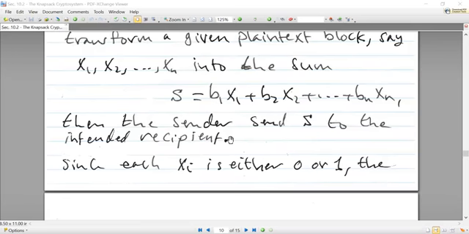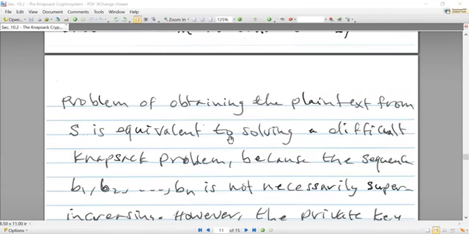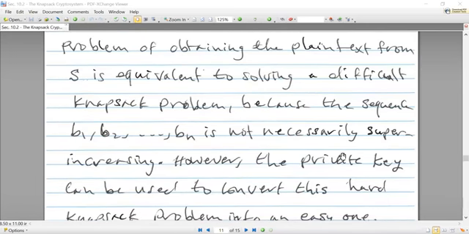Now, the problem of obtaining the plain text from S: the recipient is going to receive this sum S, and recovering the plain text is equivalent to solving a difficult knapsack problem, because if someone intercepted it, they would have to solve the knapsack problem with these B's, which is not a super increasing sequence.